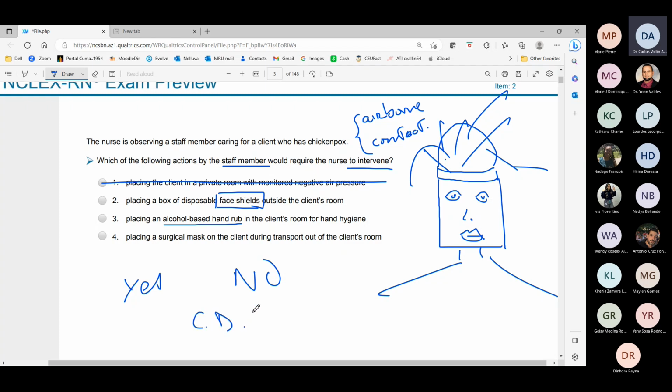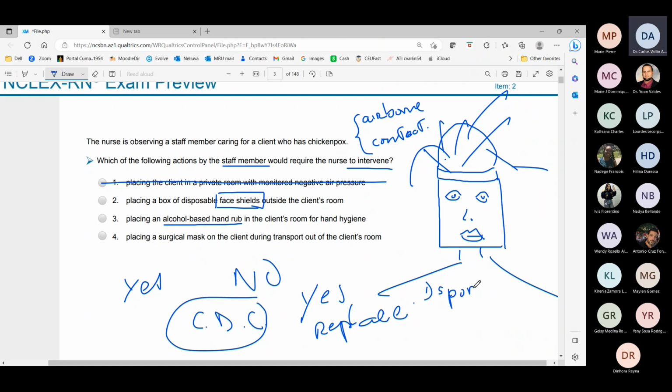The Centers for Disease Control, the authority we have in infectious diseases and the one your NCLEX is following, says we have done enough research and clinical trials, and we know that yes, we can replace soap and water hand washing with alcohol-based hand rub, except when the disease is transmitted by spores, because a spore is a form of survival of some bacteria that is resistant to alcohol and disinfectants.